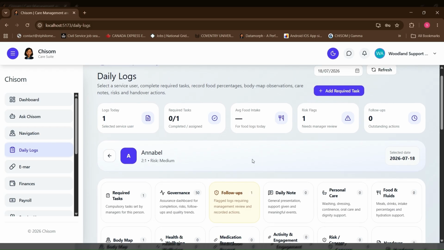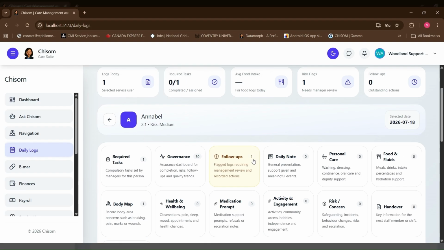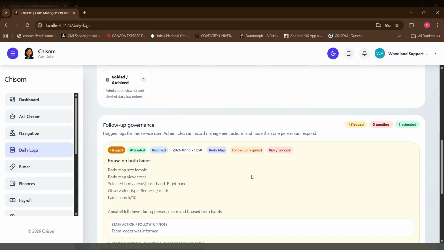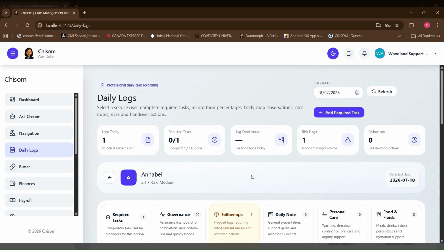There's row level security. So any staff that has the role to be able to respond will be able to click on this and respond to it. It's for an audit trail for better governance: what happened, what the staff did, and what was management's response. Good.